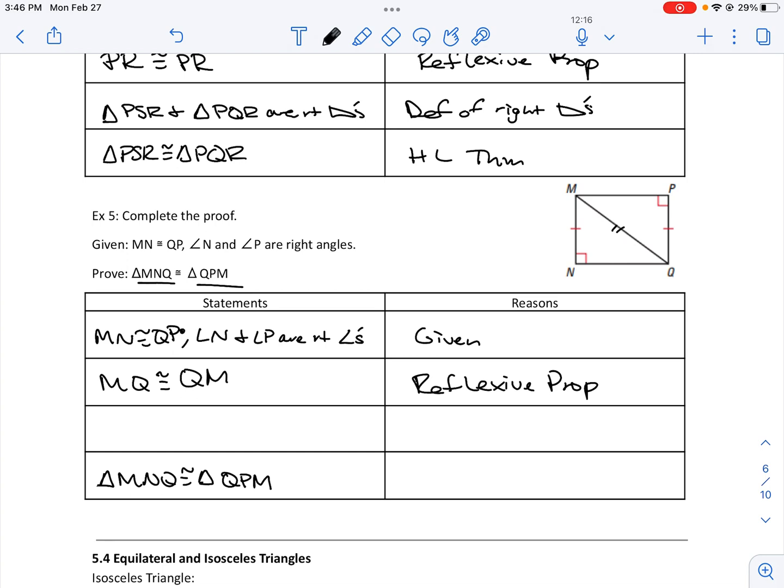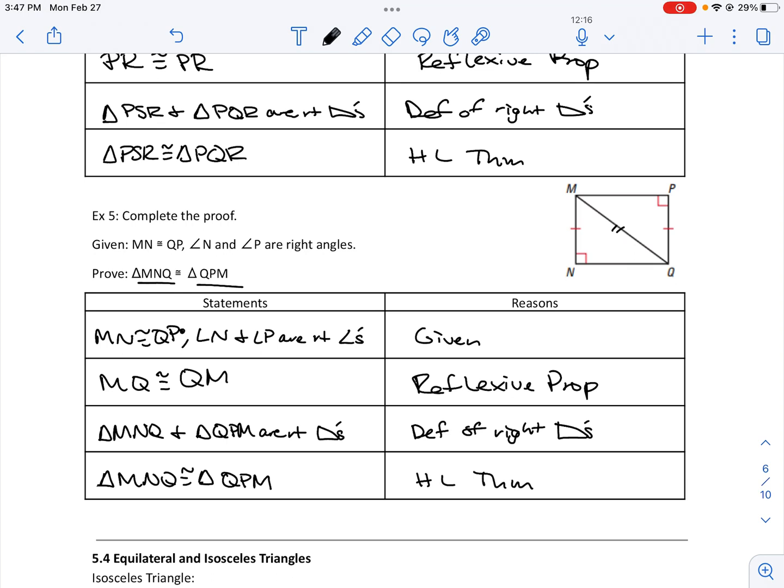We have our hypotenuse congruent, but we need to explicitly state that our two triangles are right triangles. Definition of right triangle. And then this is our HL theorem.